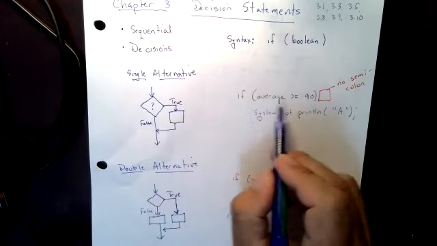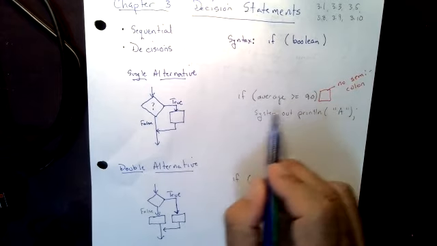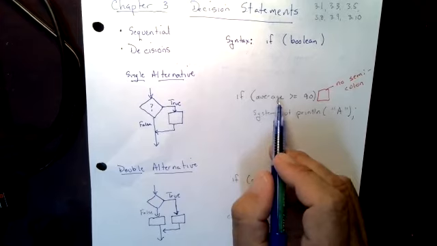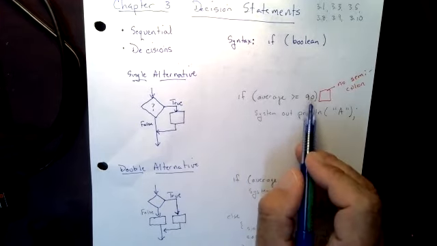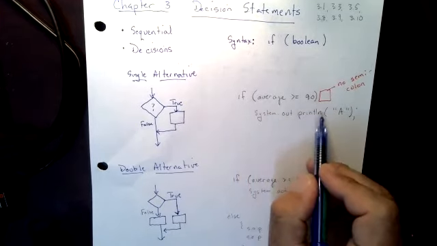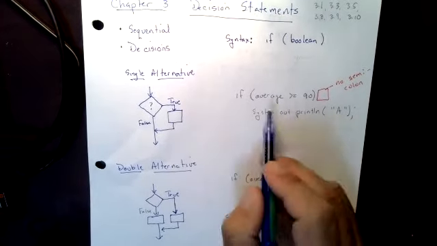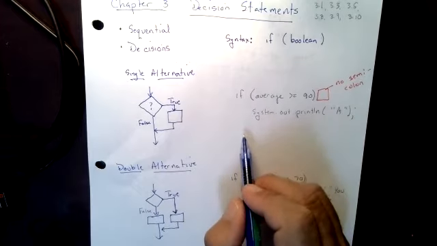But because this is a decision statement, this is still all one big line. So if your average is actually greater than or equal to 90, it would do what's next. System.out.println, print out a capital A. If it's not greater than 90, it skips this and moves on in the program.